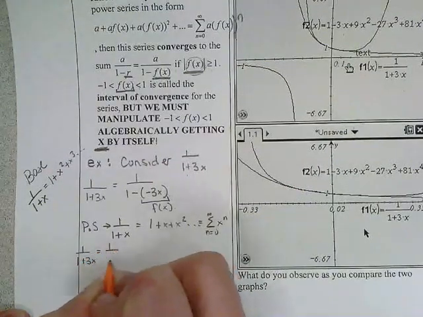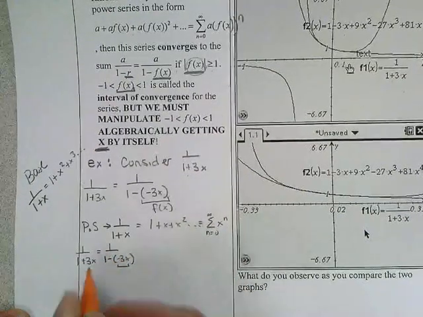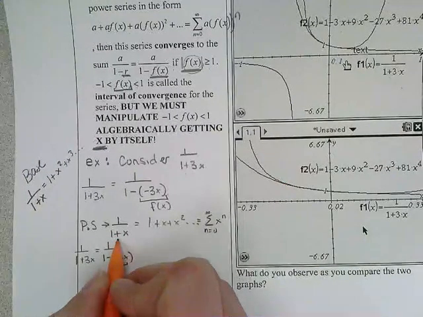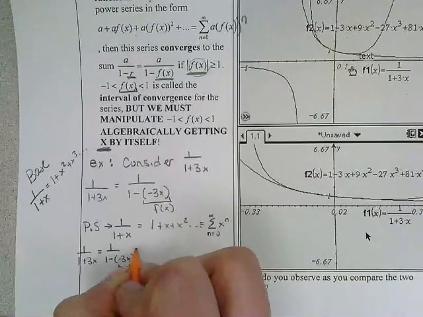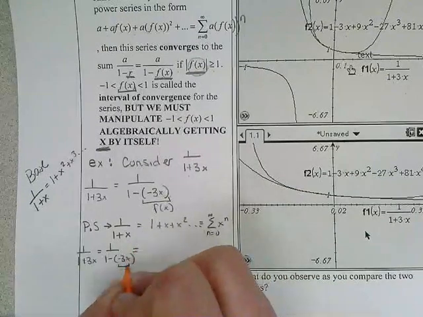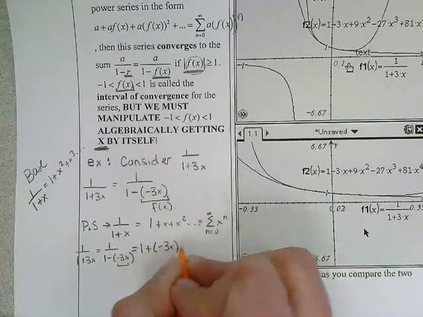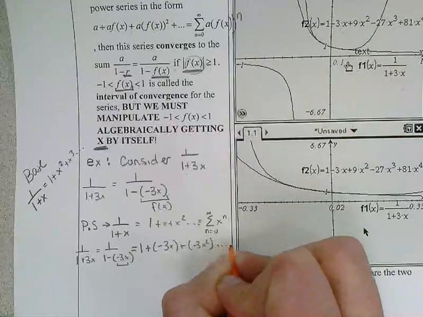So now for this function, which is equal to 1 over 1 minus negative 3x, what am I doing to all the x's? I'm going to replace them with a negative 3x. So this is going to be 1 plus negative 3x plus negative 3x squared, and so on.